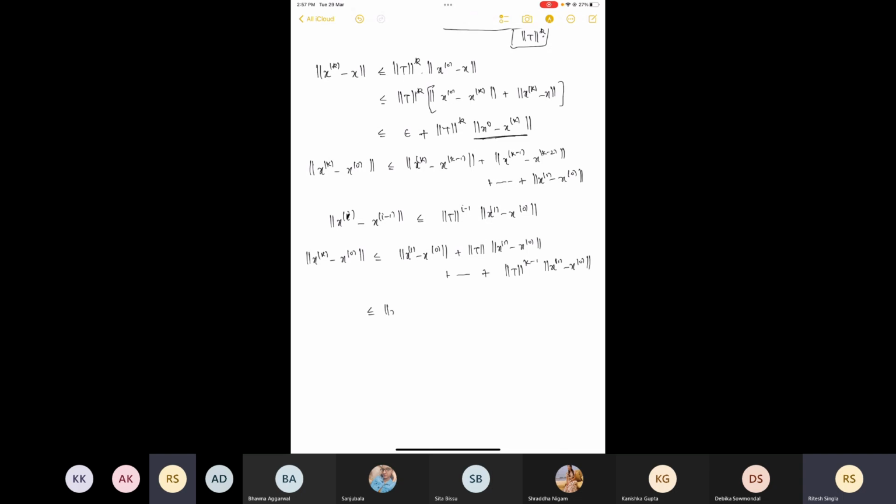If I take norm x1 minus x0 common, it will be 1 plus norm T plus norm T square plus and so on up to norm T to the power k minus 1, right?